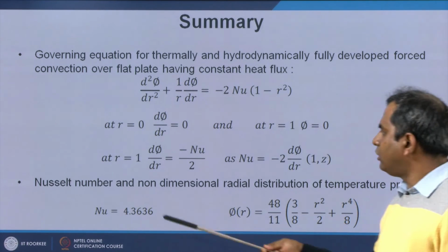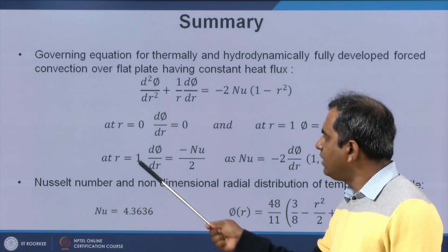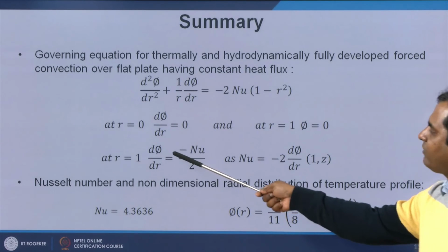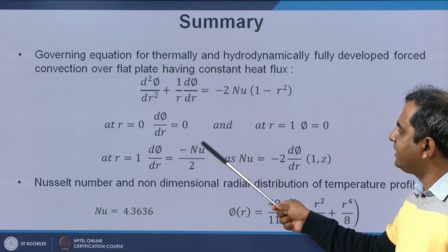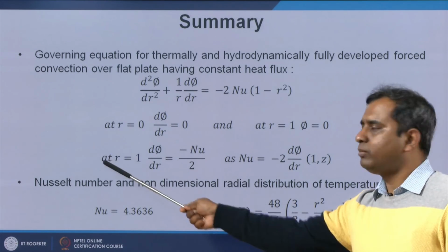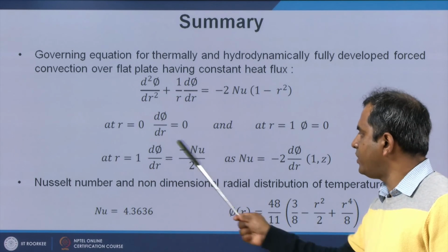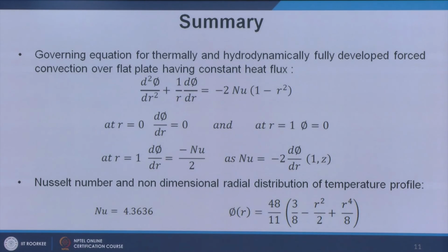Also we have seen that at the wall, del phi del r will be minus Nusselt number by 2. This we have proved from the equations at the beginning, because we have understood that Nusselt number is nothing but minus 2 del phi del r at r equals to r naught comma z.